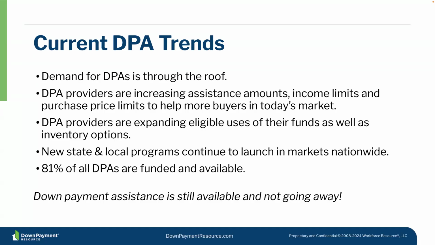We continue to see new state and local programs launching in markets across the country, and 81% of all DPAs are funded and available. So there's so much more attention on affordability and down payment assistance now than in many years. So we mean it when we say that these programs are still available and are not going away.